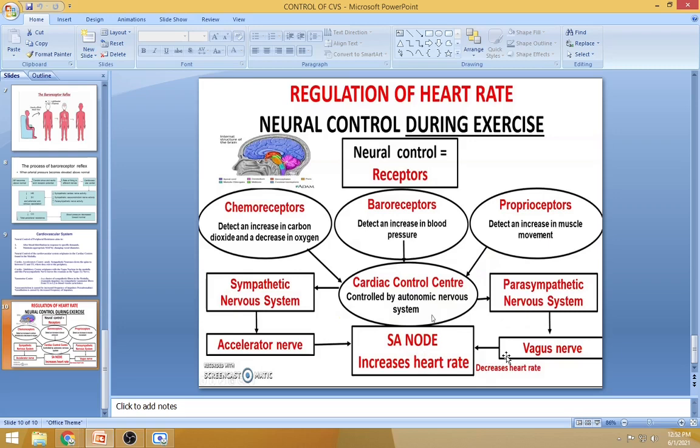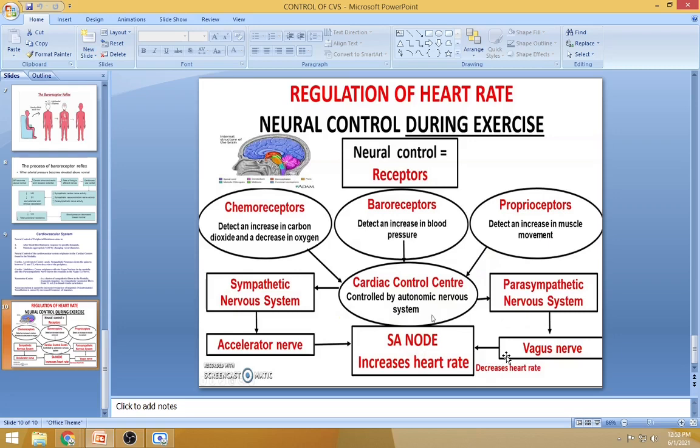Okay, so in this slide, I'm just showing you how increased activity like exercise causes a change in the parameters of the heart. Okay, so if you do an exercise, there would be an increase in blood pressure, there would be an increase in muscle movement, there would be consumption of oxygen, and the release of carbon dioxide. So you have a change in the chemical concentration as well, and all these would have an effect on the medullary control system.